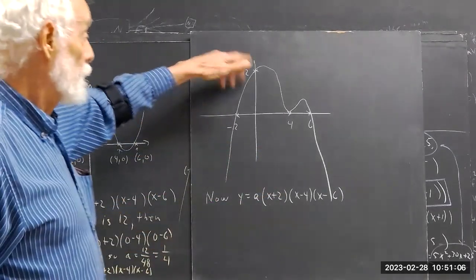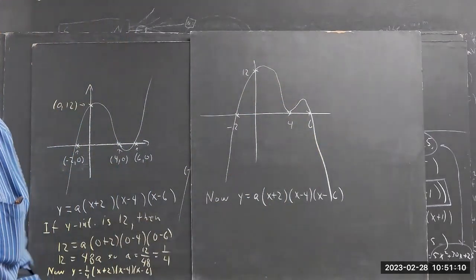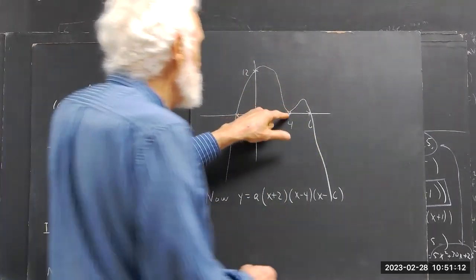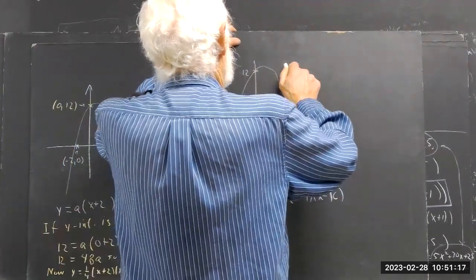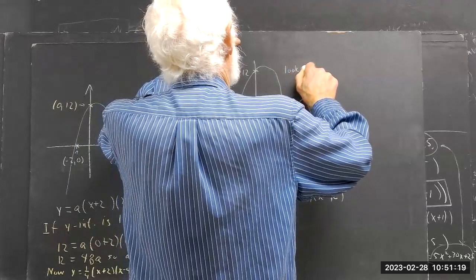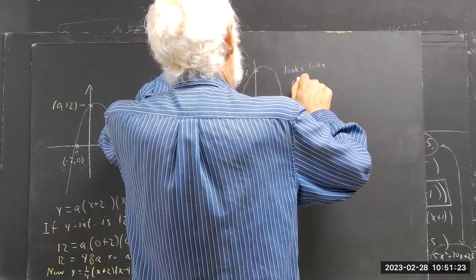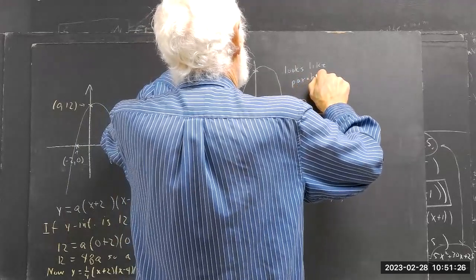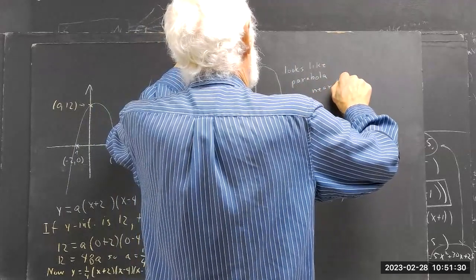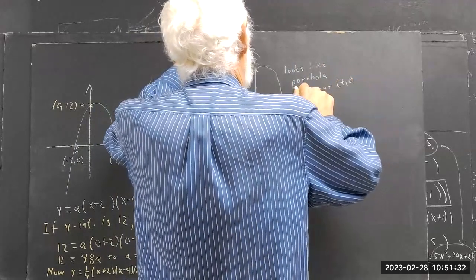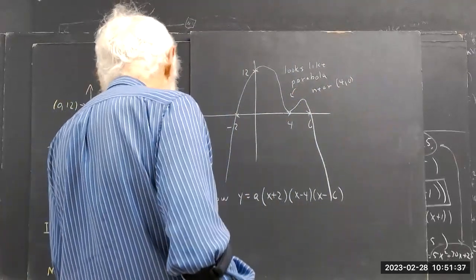Well, if you look here, this looks like a parabola near the point 4, 0. It would look more like a parabola if I had drawn it a little better.